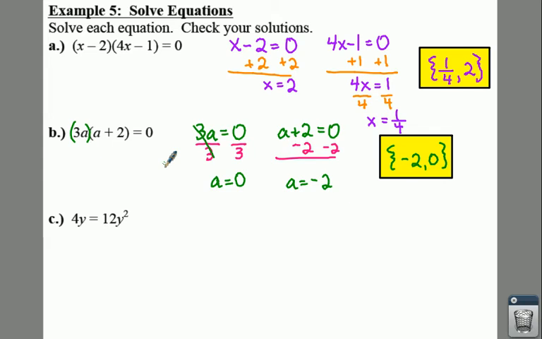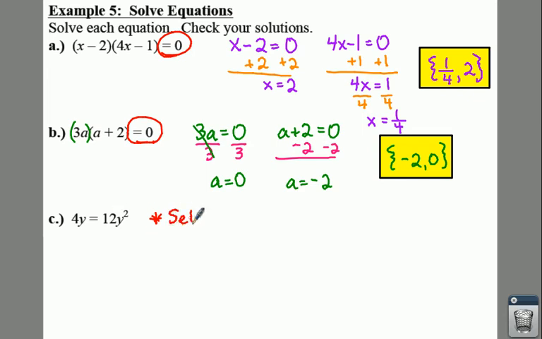Now, unfortunately for C, this is not in nice factored form. So we are going to have to factor this problem, but you must first set your equation equal to 0. Notice how each of these up here was set equal to 0? This one is not.